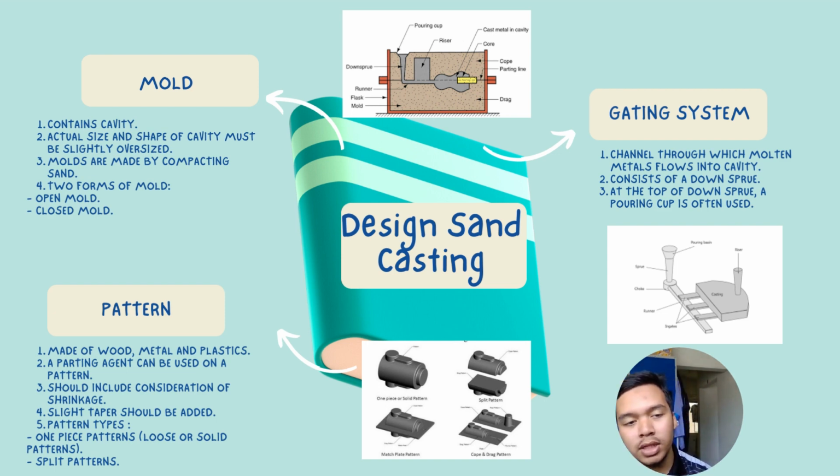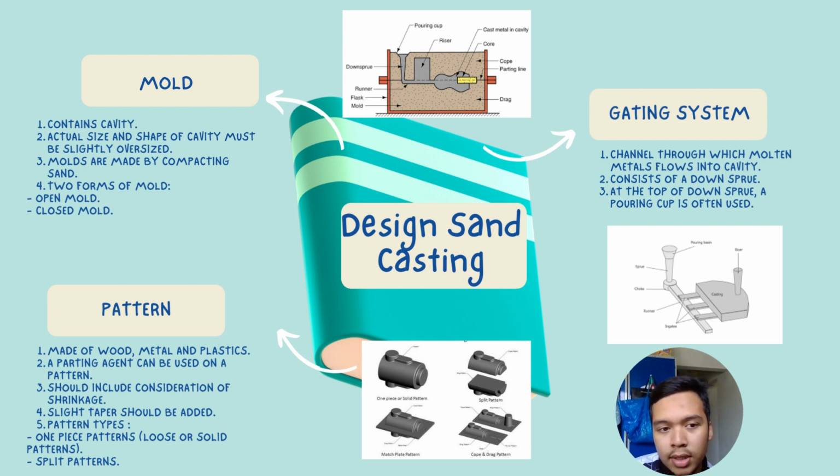The design of the pattern should include consideration of shrinkage. A slight taper should be added to the sides of all patterns. This will make them easy to remove from the completed mold. For example, a cone is easier to remove than a cylinder.